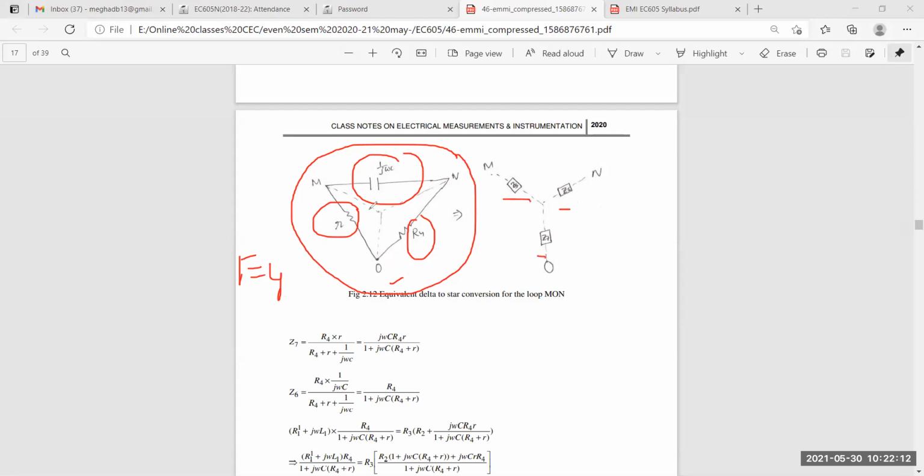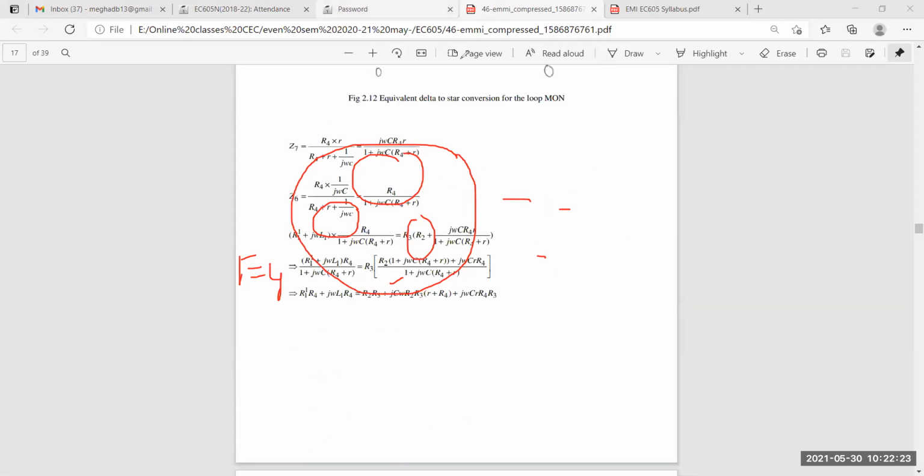So accordingly, they have just opened the circuit, they have taken the star conversion, and here what I have done, I have tried to write here the equations for this particular R4, capacitor and R. So I have written here the impedance of Z7 and Z6.